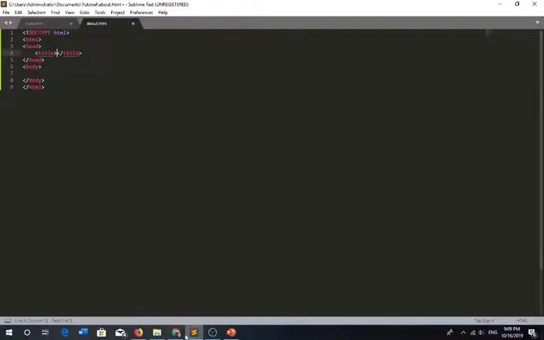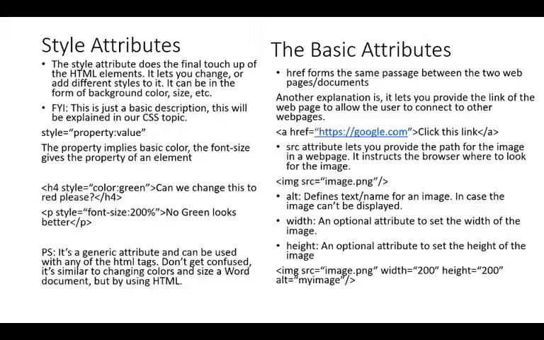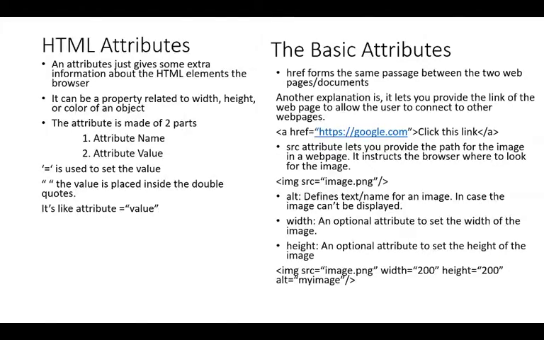So now let's go back to my PowerPoint. I want to explain some interesting stuff. Like I told you, we have the HTML attributes. An attribute just gives some extra information about the HTML element in the browser.